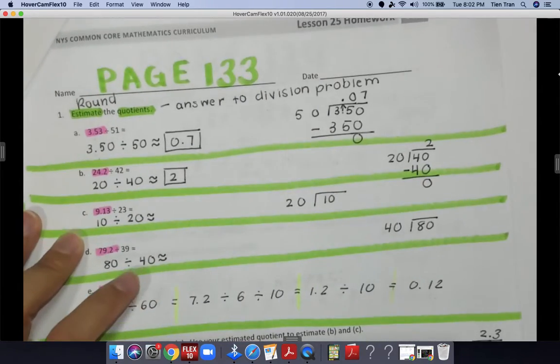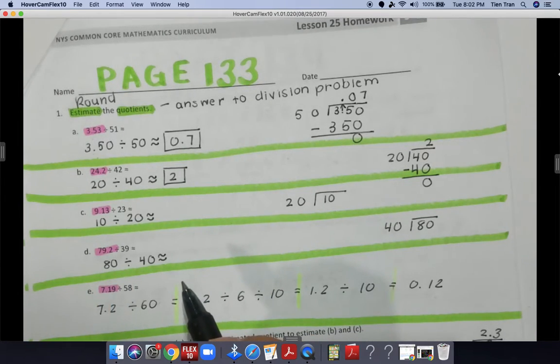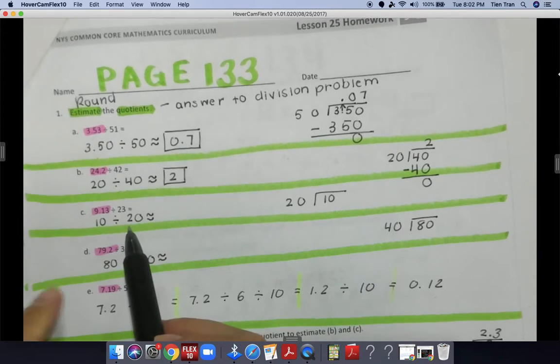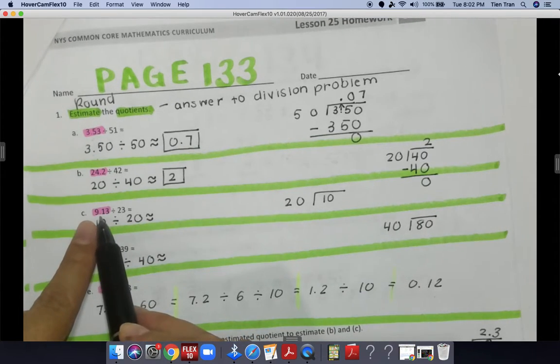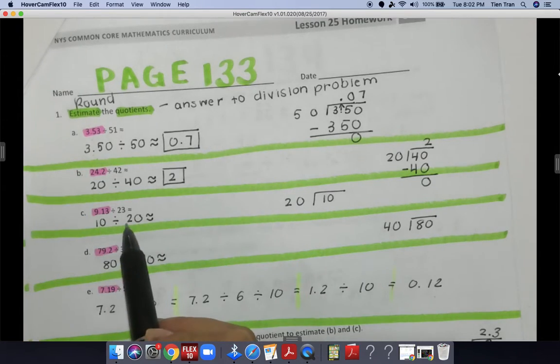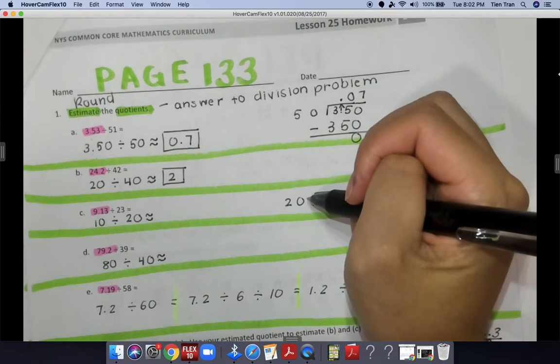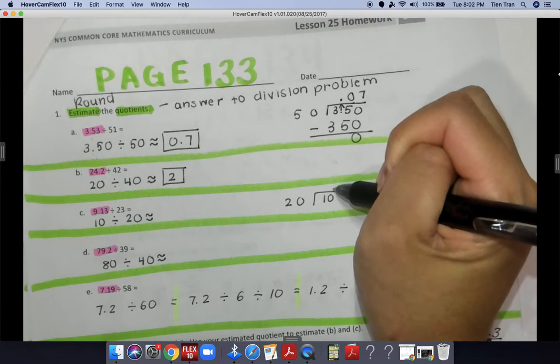Okay. Now for problem C. For problem C, I have 9 and 13 hundredths divided by 23. So I rounded my 9 to 10 and my 23 to 20. So I'm looking here. Can 20 go into 10?